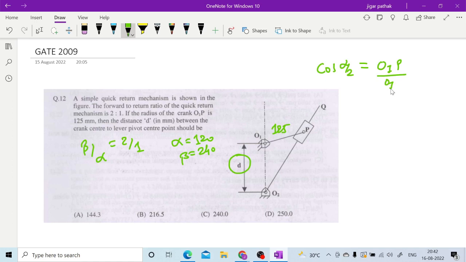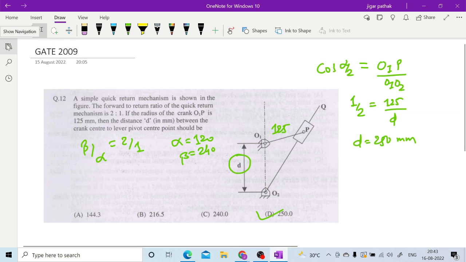Cos alpha by 2 is cos 60, that is 1 by 2. O1P is given as 125 and O1O2 is your distance D. So your D will again be 250 mm. It is very similar to what we solved previously. So question 12 will be this 250 mm only.